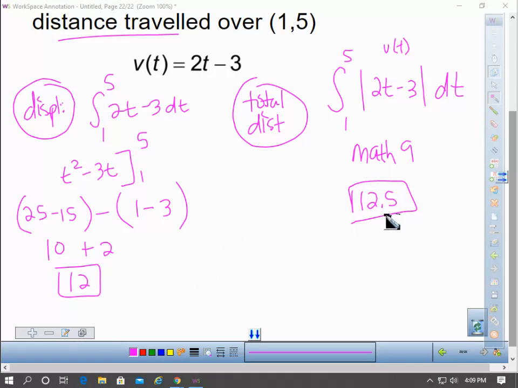So that's your total distance traveled compared to your displacement from where you started. I hope you remember that from last year, using absolute value bars to find total distance traveled. All righty, so you'll be able to do all your practice problems.